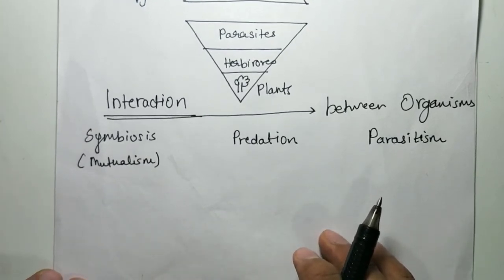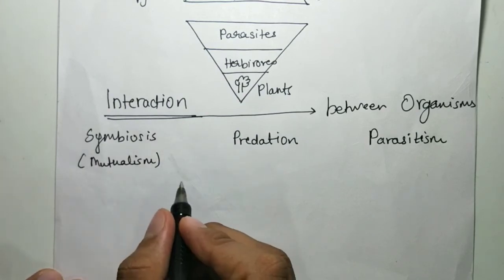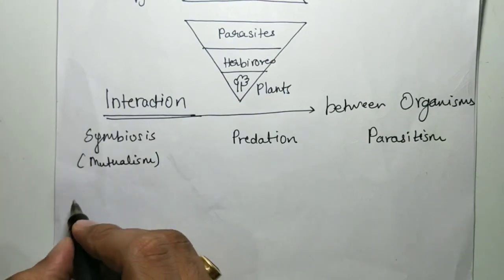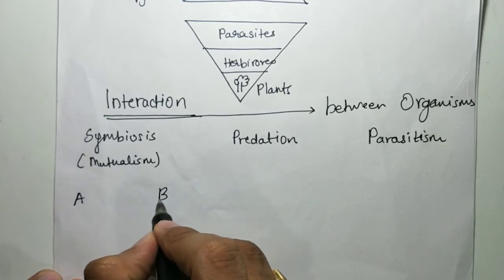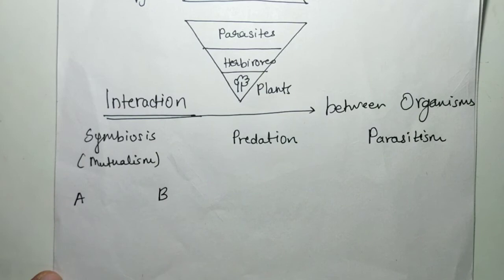Symbiosis means when two organisms benefit from each other. There is one organism A and one organism B. They are interacting with each other and both are benefiting from it. That is called symbiosis.